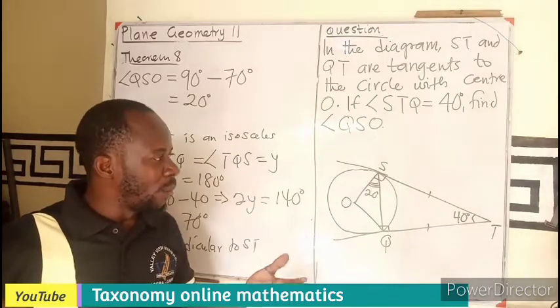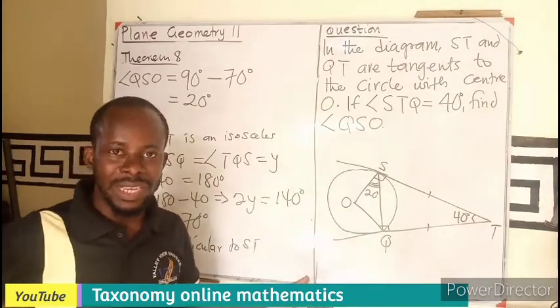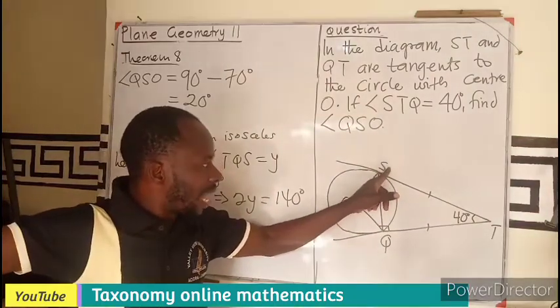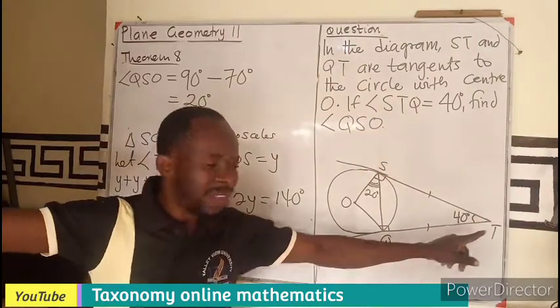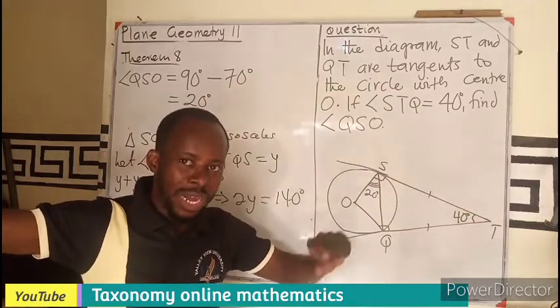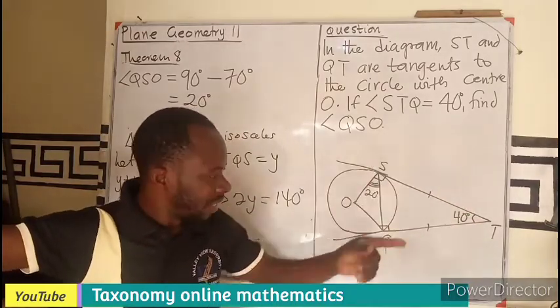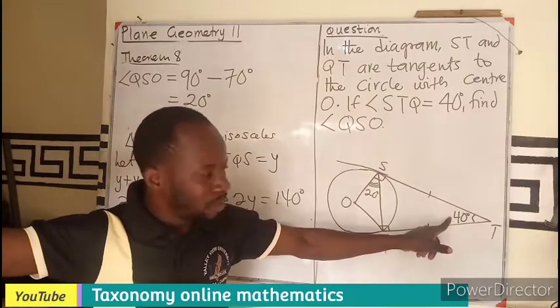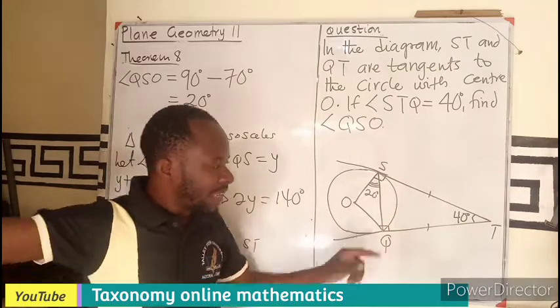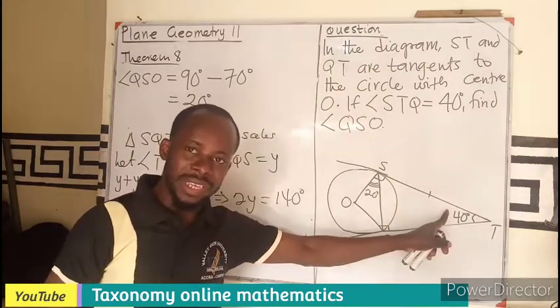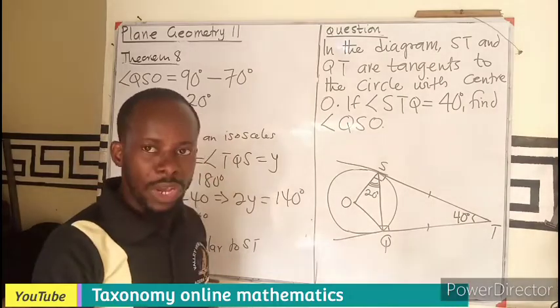Alright, someone will say, I don't want to use this property. You can also say that OSQT is a quadrilateral. The sum of angles in a quadrilateral gives you what? 360. Therefore, the angle at the center plus this angle plus 90 plus 90. 90 plus 90 is 180, plus 40, that will give us 220.